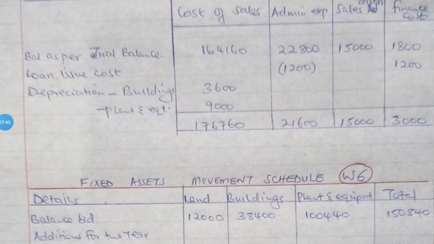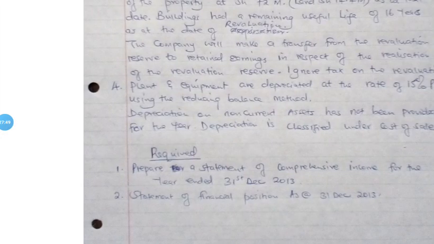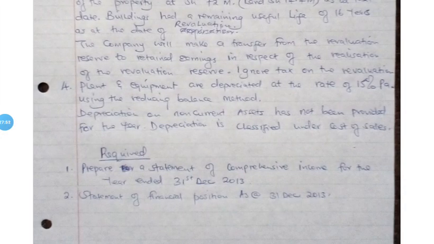So from that point, let's go to the calculation of depreciation for plant and equipment. In note number 4, we are told that plant and equipment are depreciated at the rate of 15% per annum using the reducing balance method.